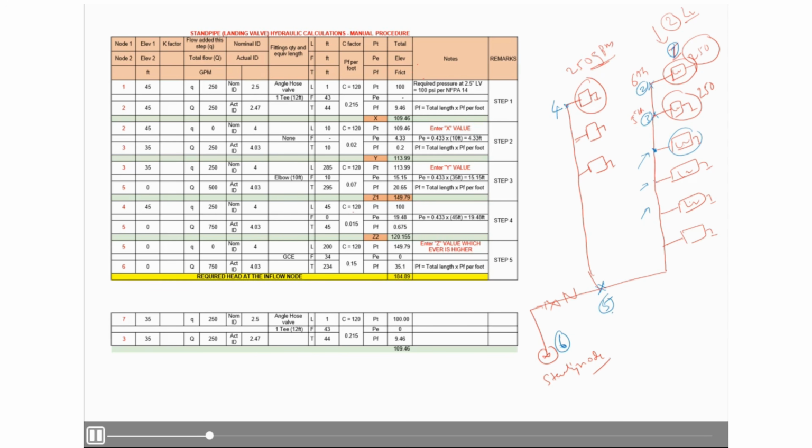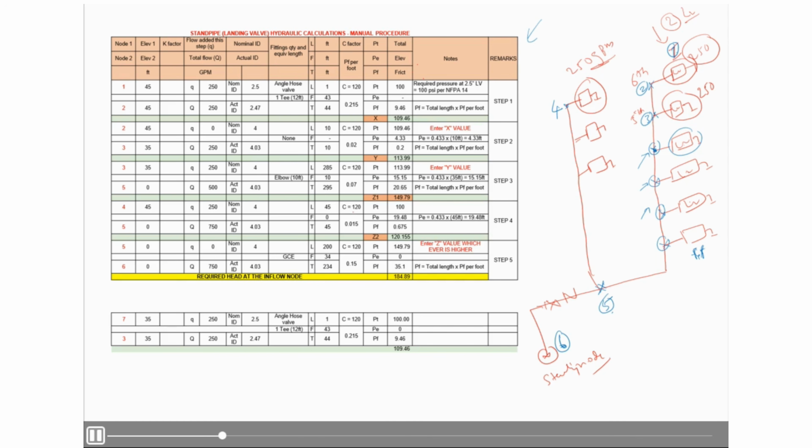So our hydraulic calculation procedure will be done based on these nodes only. These nodes are enough. However, if you want to know the pressure available at, for example, the first floor or ground floor, then you need to put nodes in each connection. Anyhow, we'll move on.